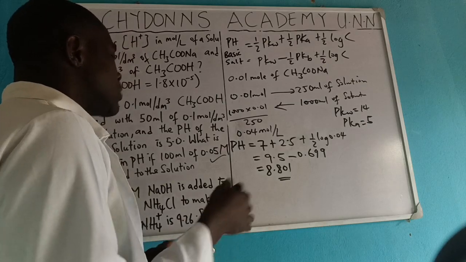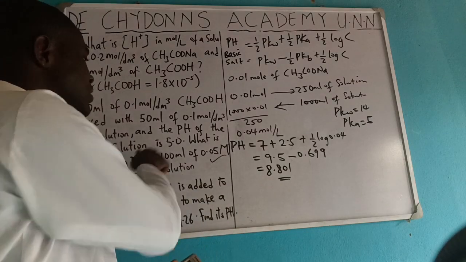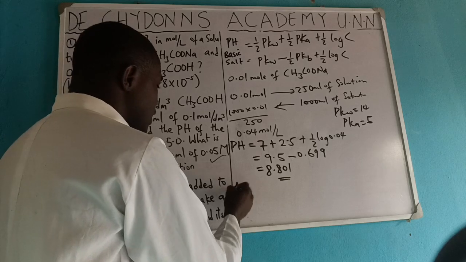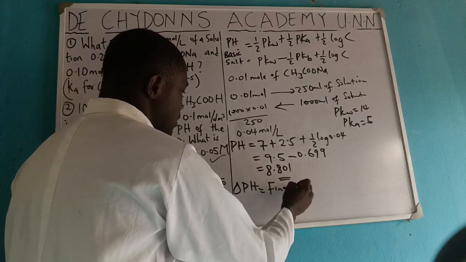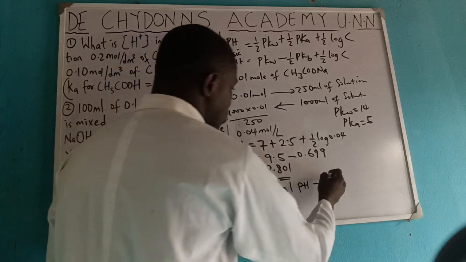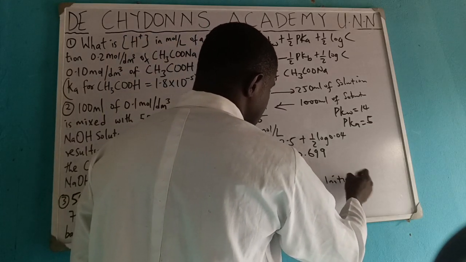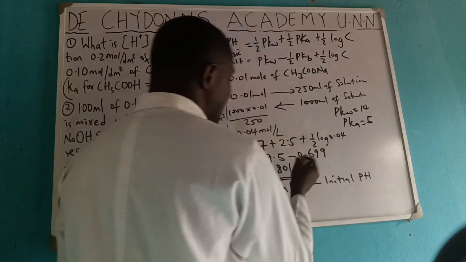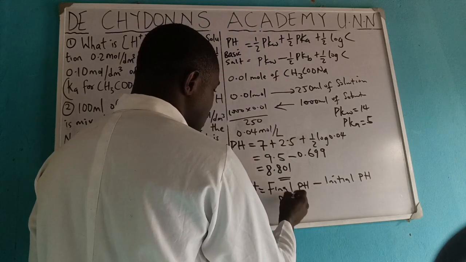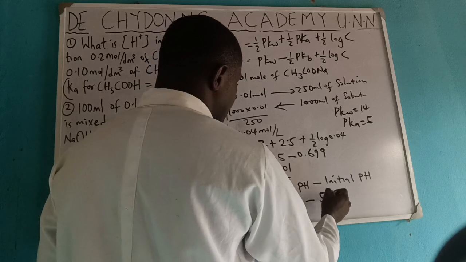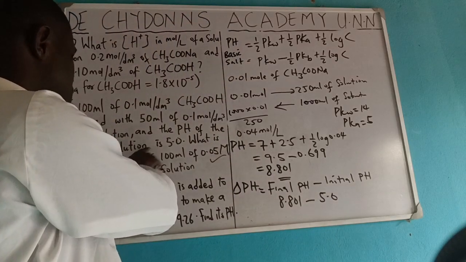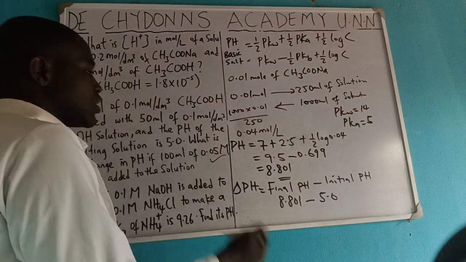Now, but they say, what is the change in pH? Change in pH is equals to this final pH minus initial pH. And what is the final pH? We have it to be 8.801. Initial pH is 5.0. They gave it to us, pH of 5.0.